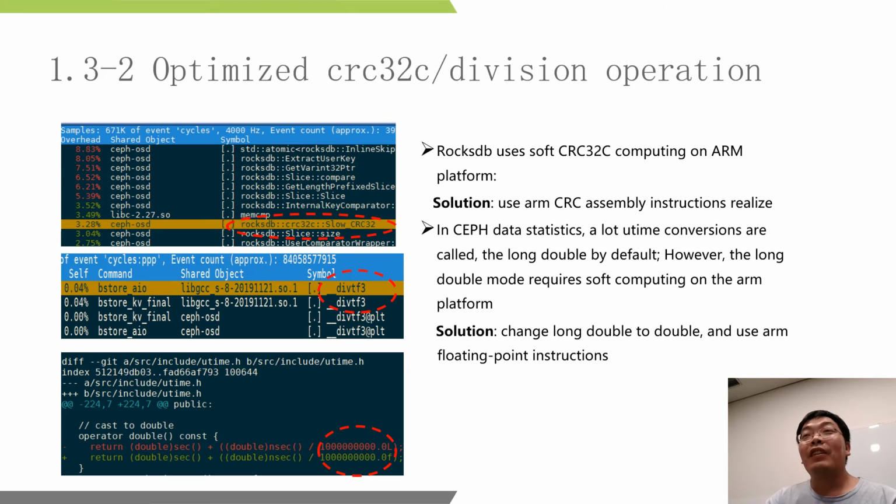But in reality, long double is not needed for nanosecond computation. Double is enough, and double division can use the aarch64 instruction well. The CRC and double division instruction will provide 5% optimization.